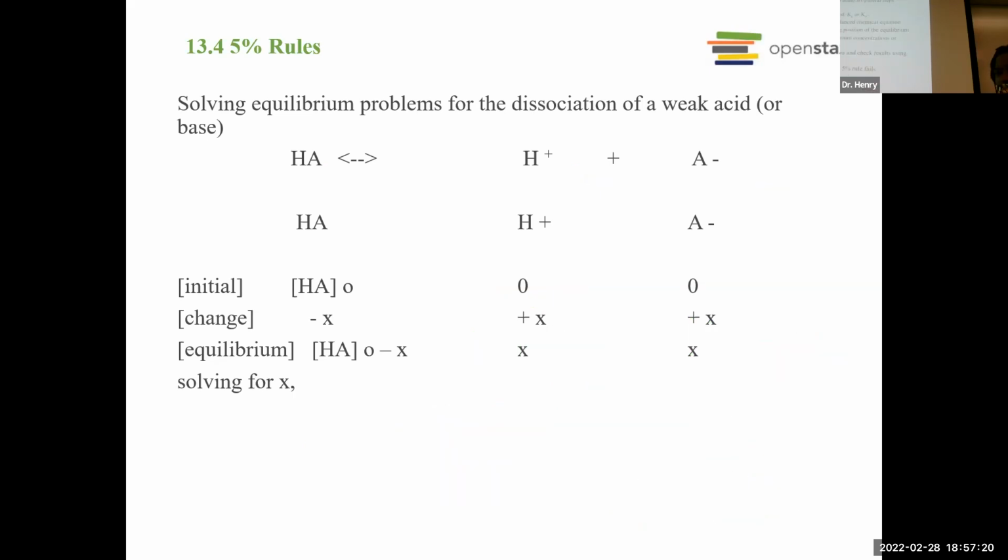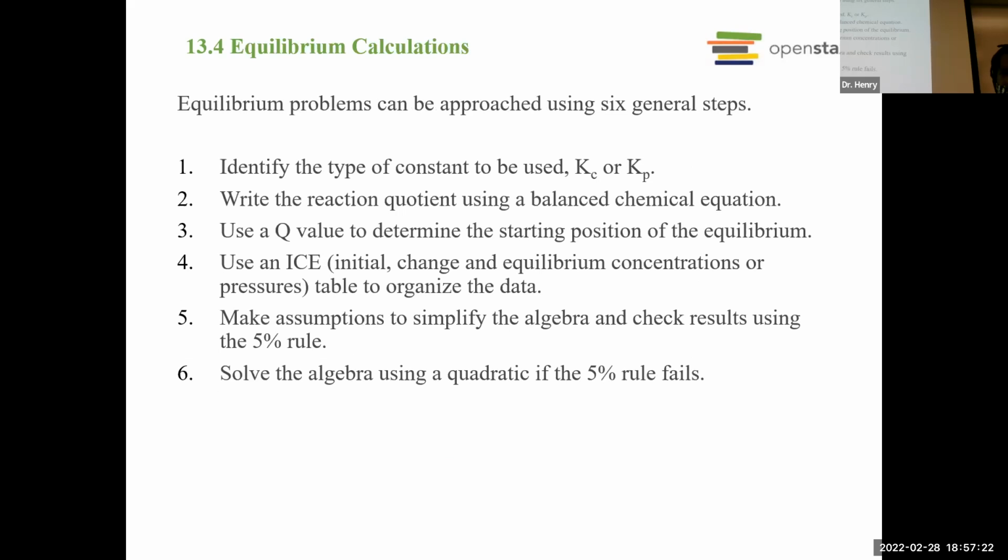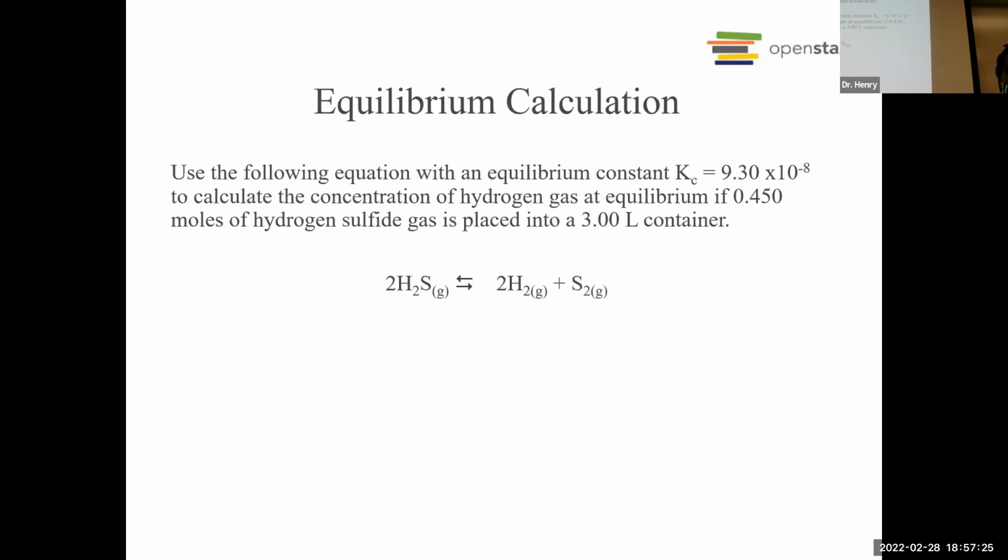We'll do a real problem. Use the following equation with an equilibrium constant Kc equals 9.30 times 10 to the minus 8 to calculate the concentration of hydrogen gas at equilibrium if 0.9450 moles of hydrogen sulfide gas is placed into a 3.00 liter container.